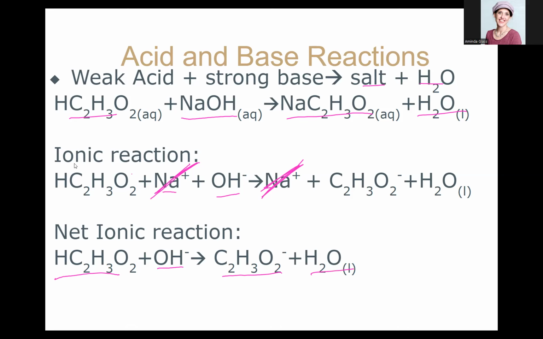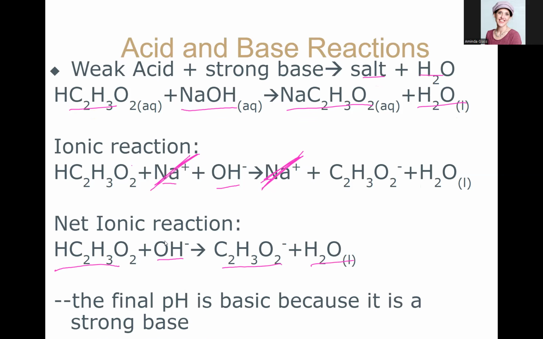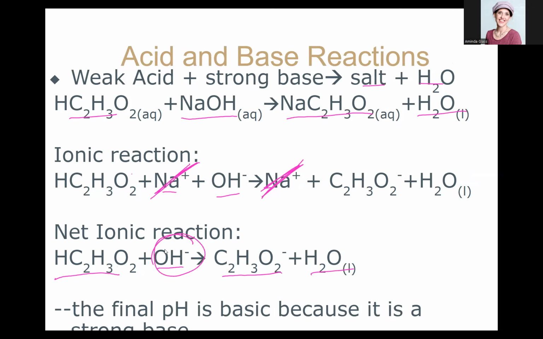Seeing that hydroxide ion right here indicates that the final pH is going to be basic because it's a strong base. I'm going to have extra hydroxide ions floating around. I'm not going to have extra hydronium ions floating around.